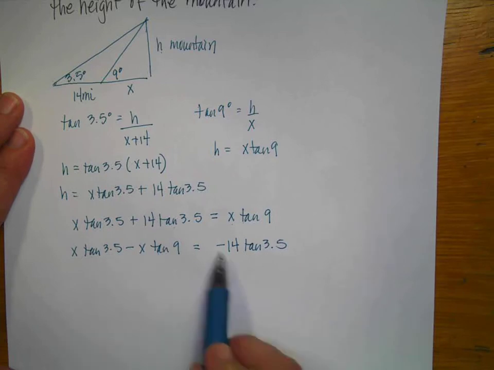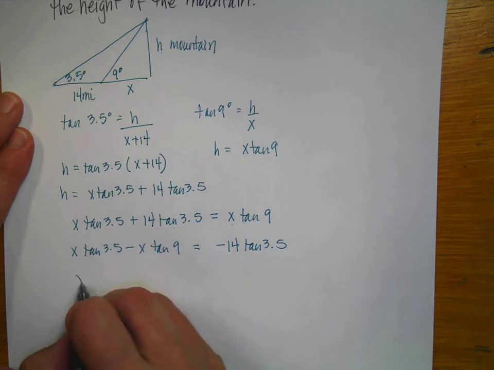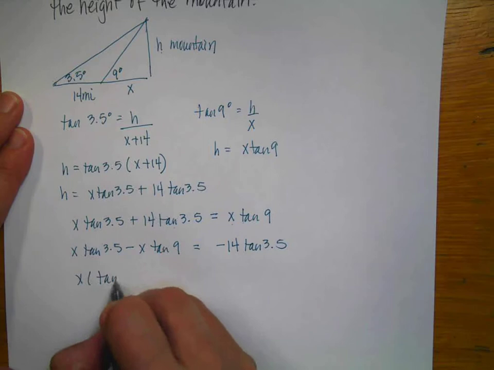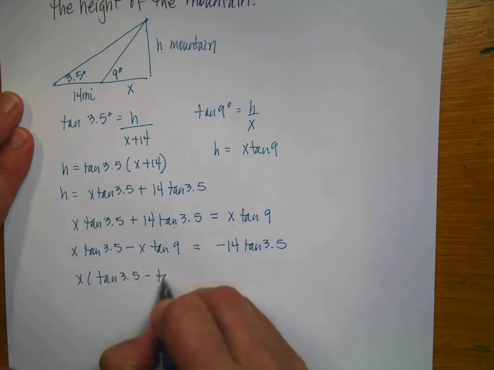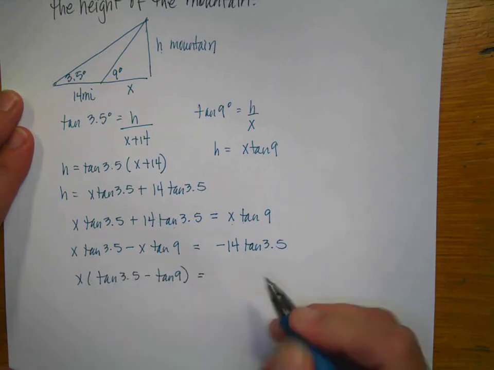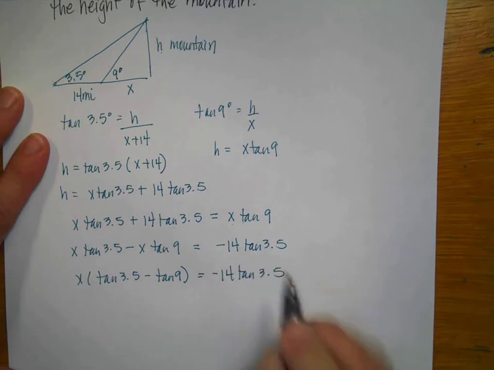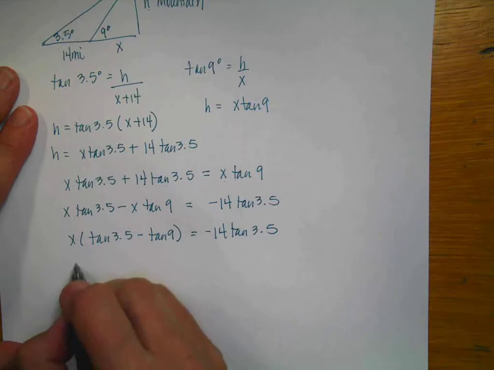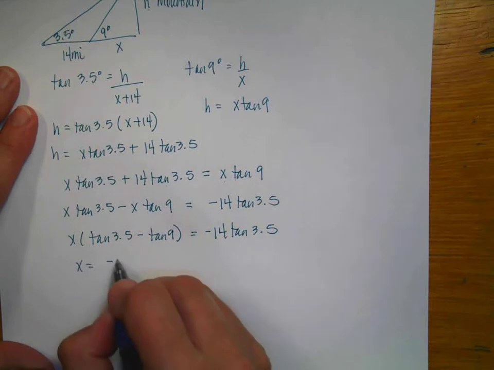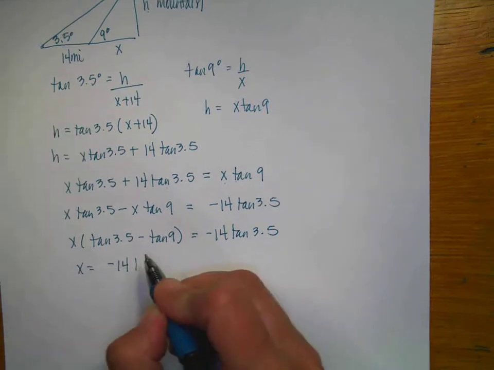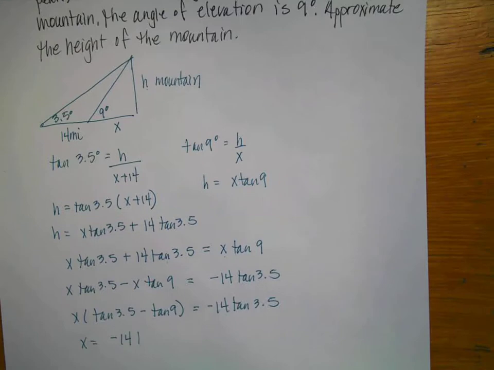Not to panic. Because I have this in this order, the negatives are going to work themselves out, so don't panic. Factor out my x, and I get the tangent of 3.5 minus the tangent of 9, and then I have a negative 14 tangent 3.5. I'm going to solve for x, so x is going to equal a negative 14 tangent.